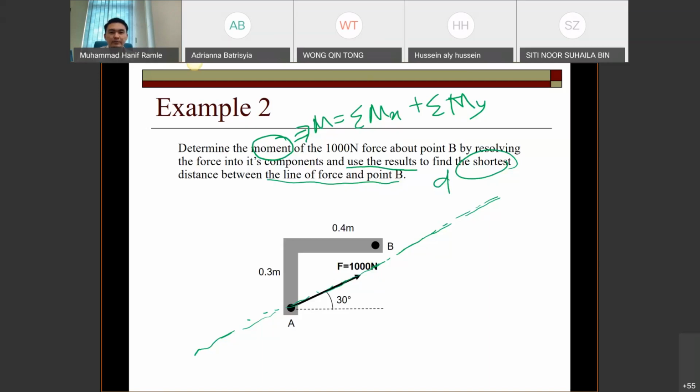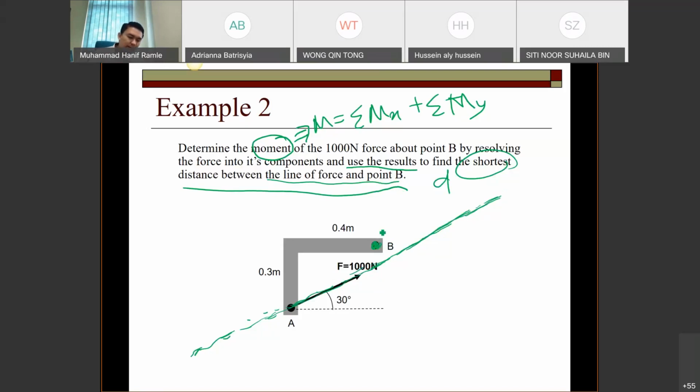From where to where? Doctor, is it from B to the line of action? Yes, correct. So the shortest distance is between the line of force and point B. So already mentioned there, the short distance between this line of force and this point B.